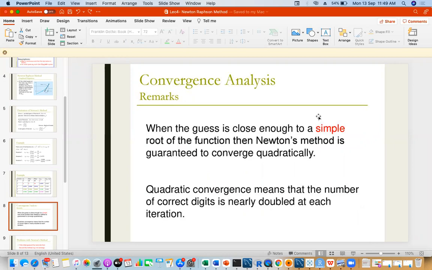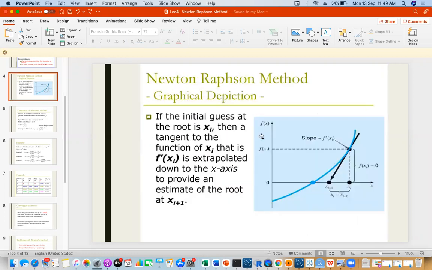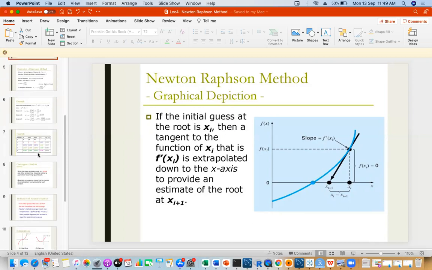Now, how will we reach the convergence? What we mean by convergence is how we will say that we are reaching towards the root of the equation. We have given an initial guess as x0, and how we will say that we are going towards the solution, that is the convergence.